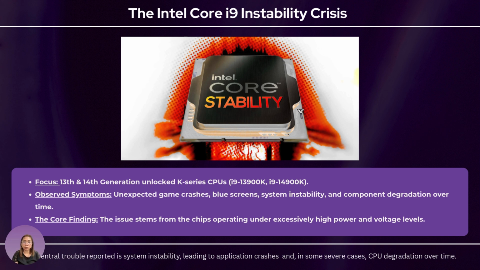According to forums and other resources, users, particularly gamers and enthusiasts, have experienced frustrating symptoms like random crashes and system instability. The controversy reached a peak when industry analysis revealed that the heart of the problem was the chips operating at dangerous levels of power and voltage.